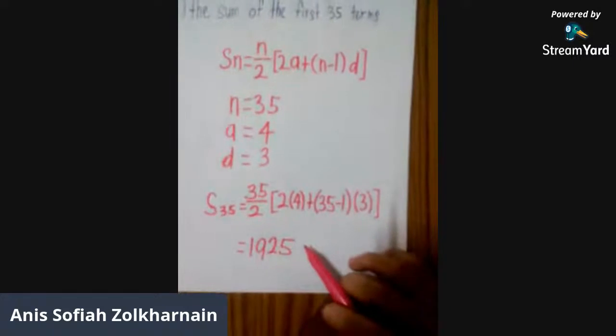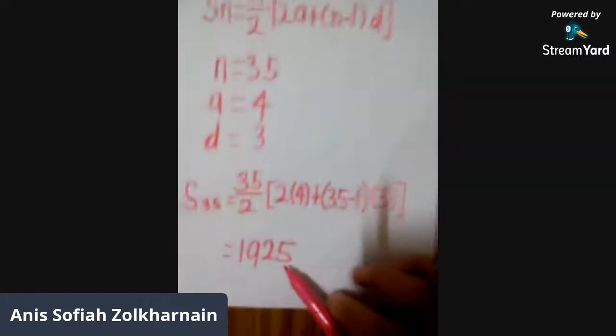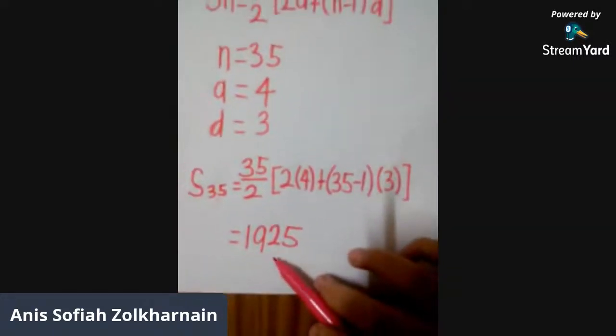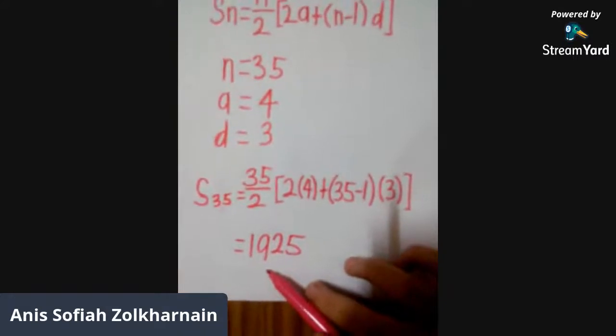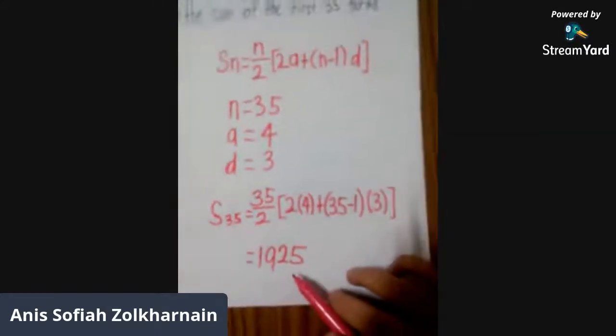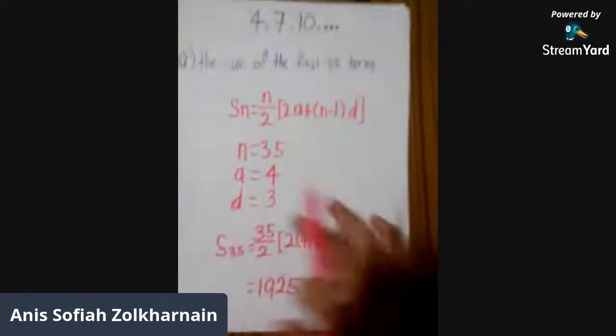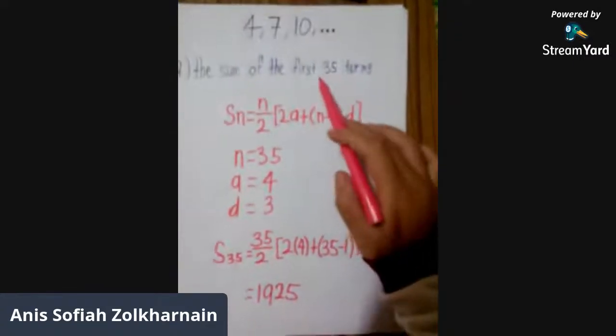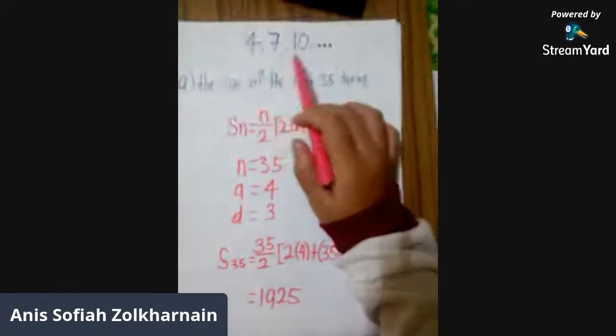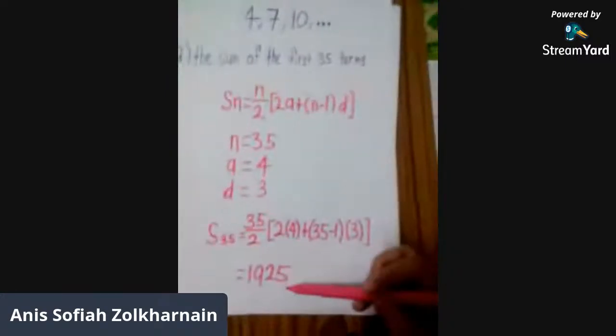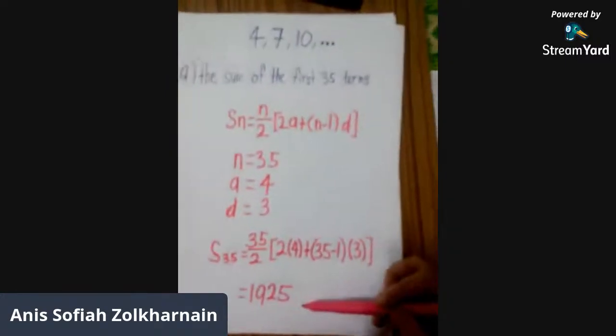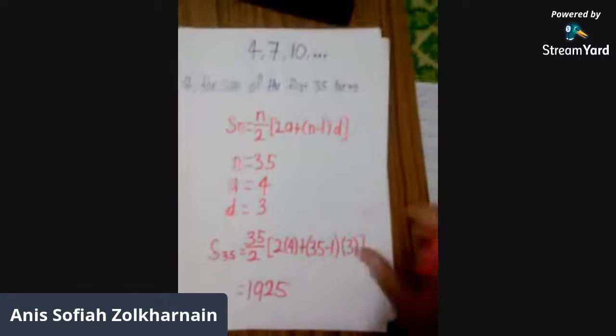We just press our calculator, and the answer is 1925. So the sum of the first 35 terms for this particular progression is 1925. I hope you understand.